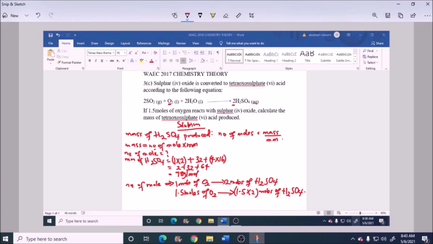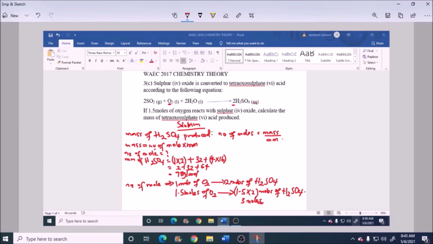The answer is 3 moles. That is, 1.5 moles of oxygen gas will give 3 moles of hydrogen tetraoxosulfate(VI) acid. So our number of moles here is 3 moles.